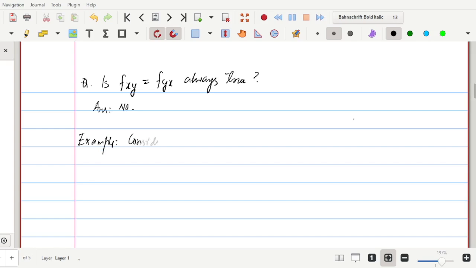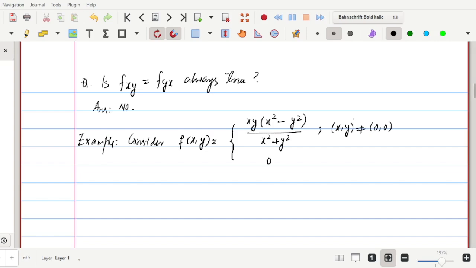So consider a function f of xy, which is defined in this way: xy times (x square minus y square) whole divided by x square plus y square, when xy is not equal to 0, and second, this is defined to be 0 when xy is equal to 0.